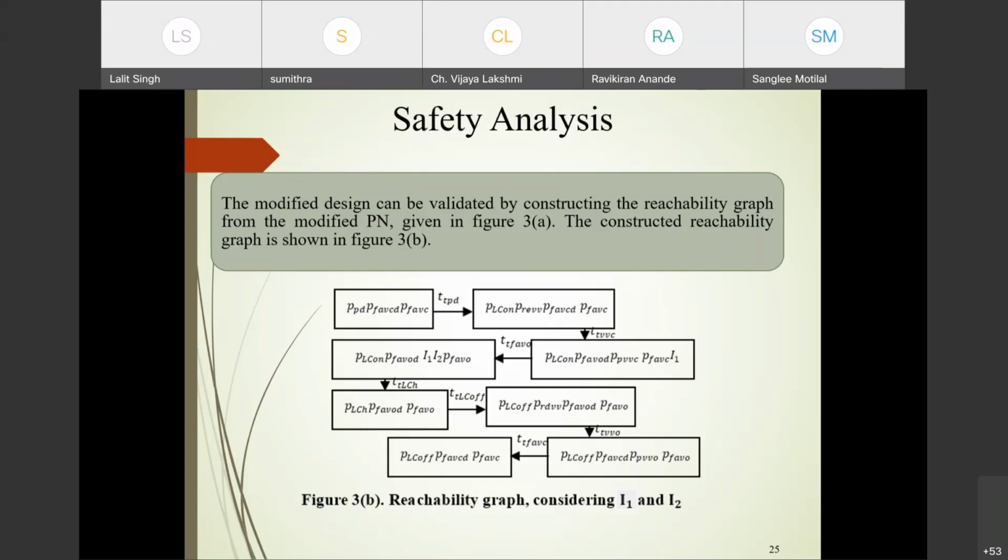If I find any risky state, I do vice versa, meaning keep the other place and remove one additional place, and then draw it and see whether in any case we get a reachability graph where all the states are risk-free states.